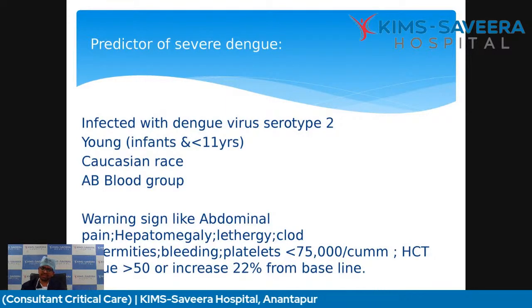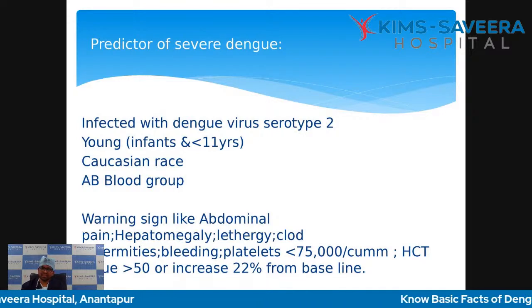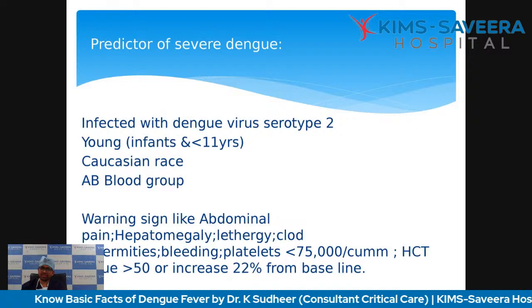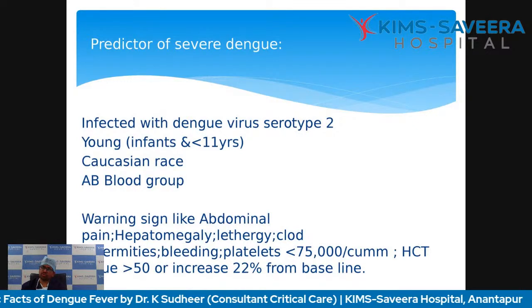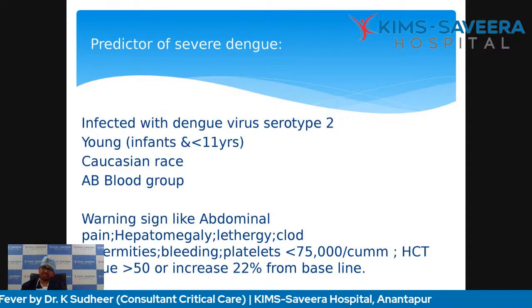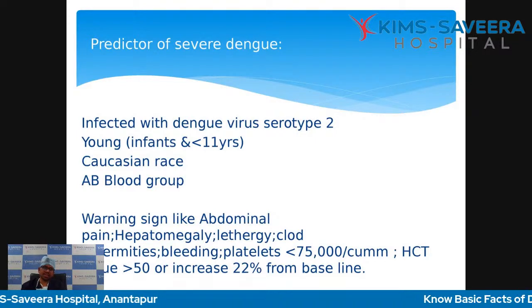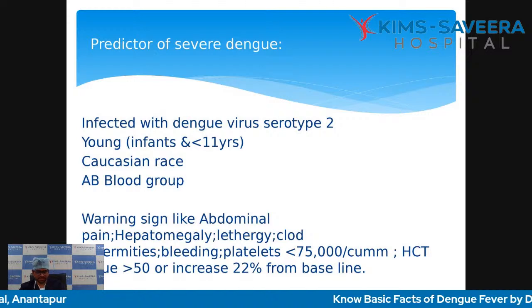Warning signs are like abdominal pain, hepatomegaly, lethargy, the patient's skin being cold and clammy to touch, platelets less than 75,000, or hematocrit greater than 50% or increased by 22% from the baseline. These are all warning signs which we should not miss, so the patient does not get into a more complicated state.